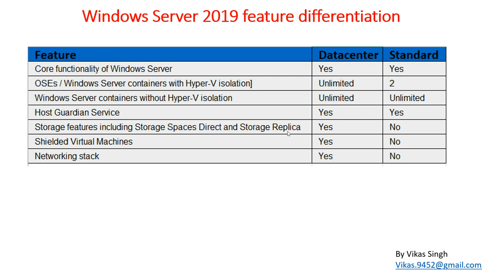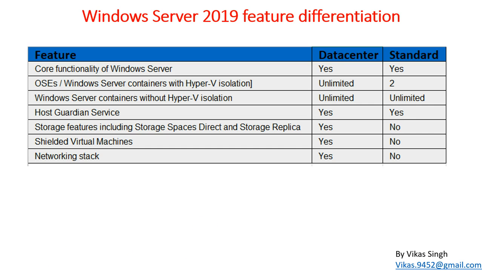So if you want to use Storage Spaces Direct or Storage Replica, you must go with the Datacenter edition. And also shielded virtual machine is only supported by Datacenter edition. It's not going to be supported if you have the Standard operating system. And network stack, network virtualization, is not supported by Standard. It's supported by Datacenter only.